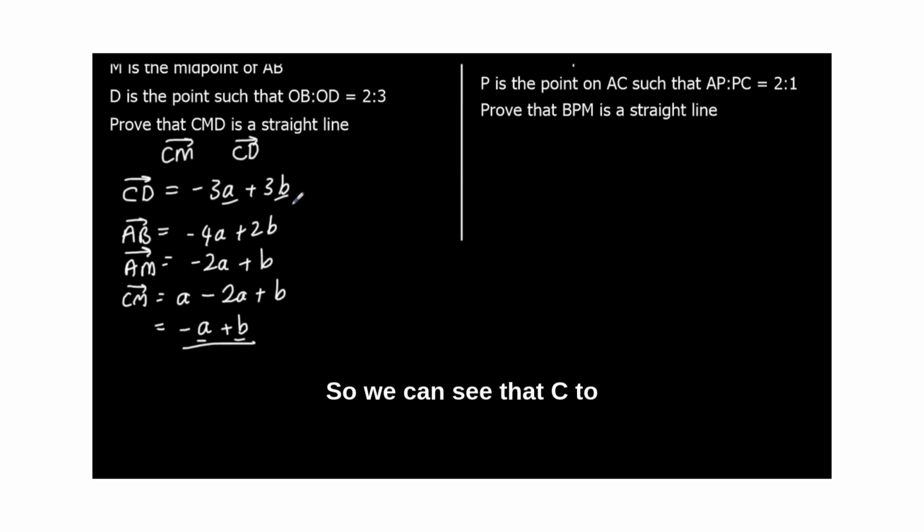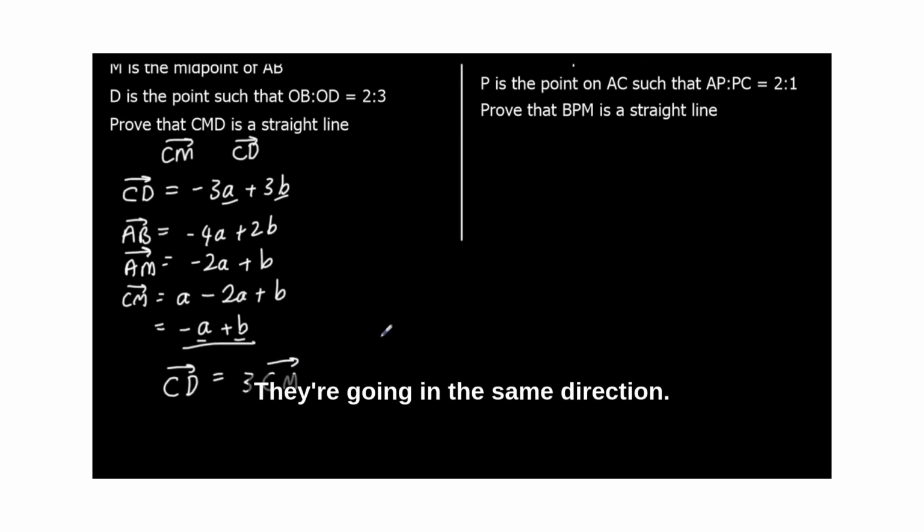So we can see that C to D is just 3 times C to M. So they're going in the same direction, it's just 3 times as far. If we did minus a plus b 3 times, we'd do minus 3a plus 3b.